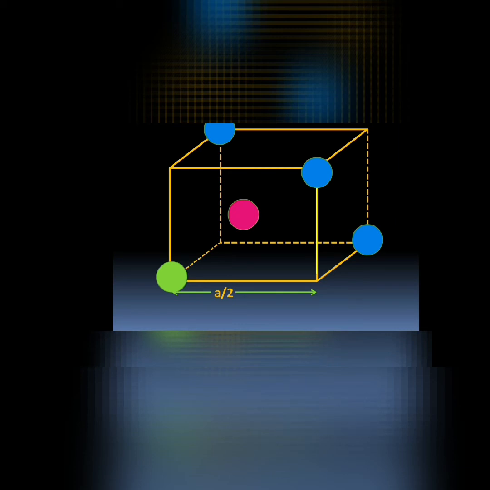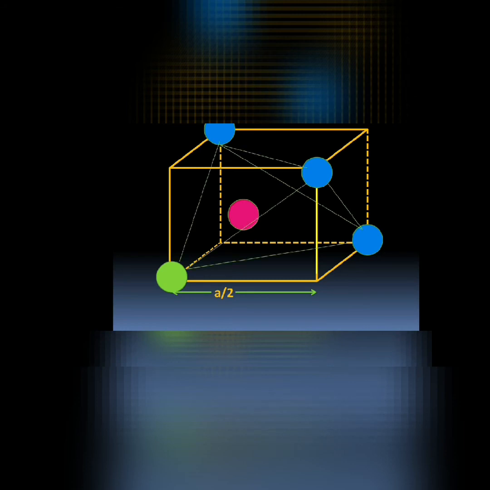Now this blue colored atom is in the FCC position and the green colored atom in the corner position, and the red colored atom is in the tetrahedral hole. Now these four atoms, that is the three blue colored atoms and one green colored atom, form the tetrahedral hole like this.